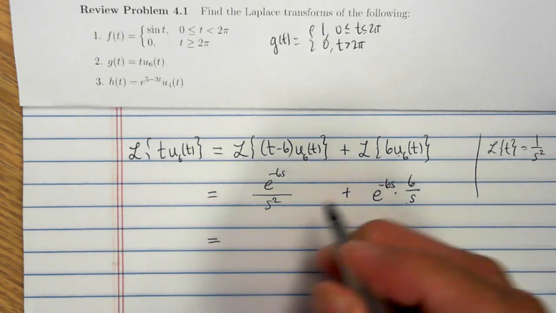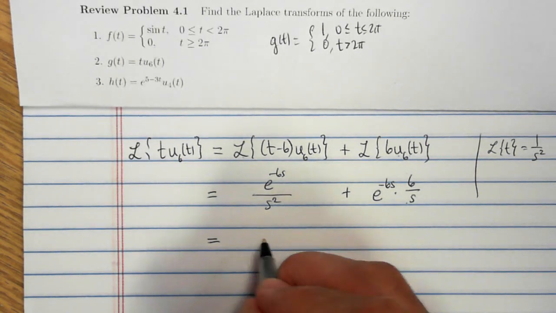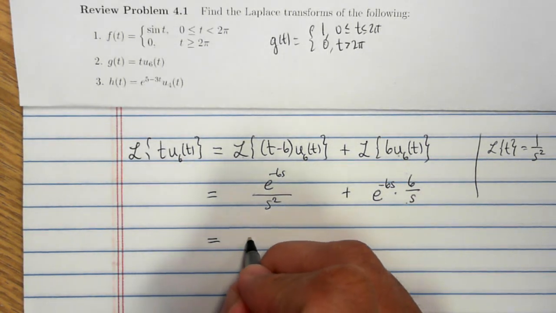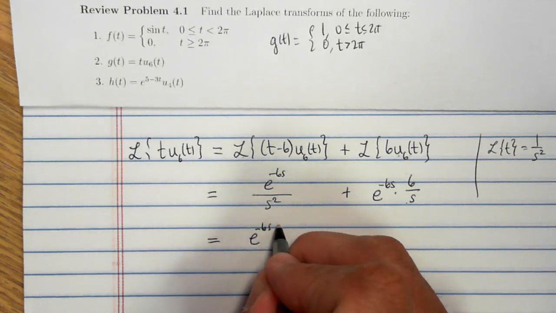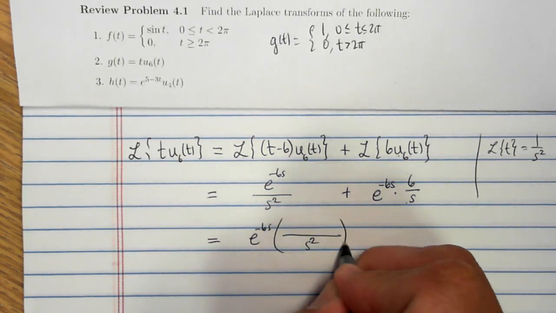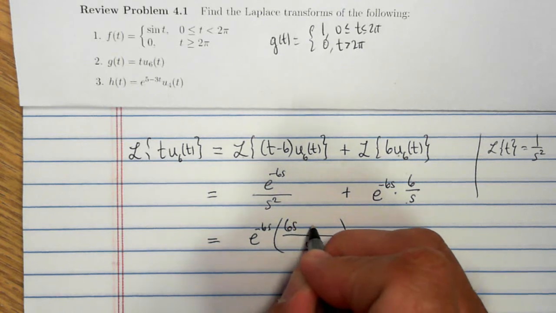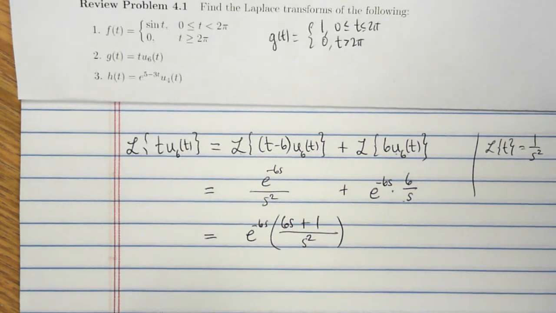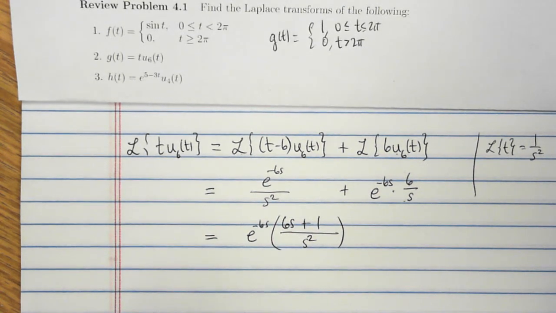And so getting the common denominator, e to the minus 6s factors out, everything over s squared. I get 6s here and then plus 1 there. And that is the Laplace transform of this function.